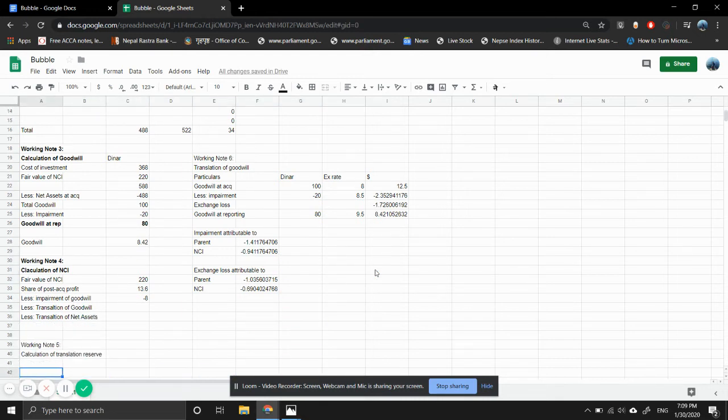So what will happen is that the exchange loss on goodwill will be, this is in case of parent, right?